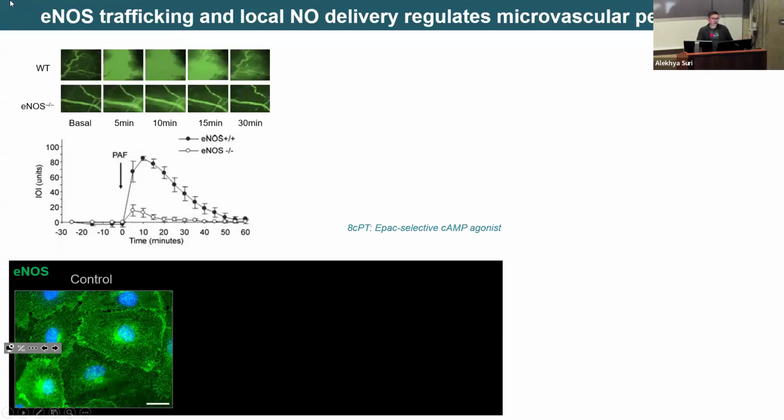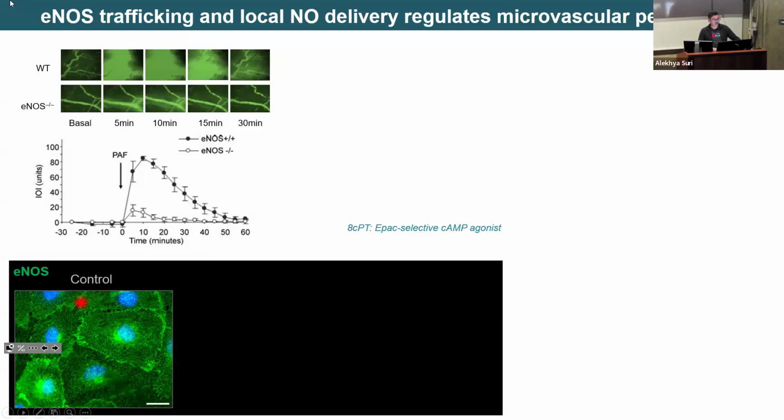Several pieces of data indicate that one of the key aspects of this process is not just nitric oxide production, but delivery of this nitric oxide to specific regions of the cell. So in the bottom panels, what you have is endothelial cells in culture that have been stained for eNOS. And you see eNOS in green.